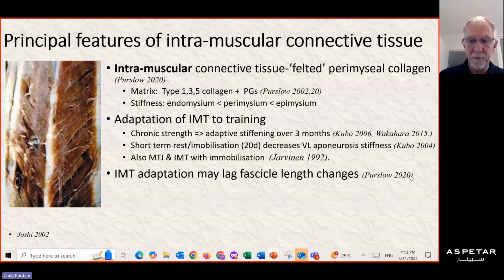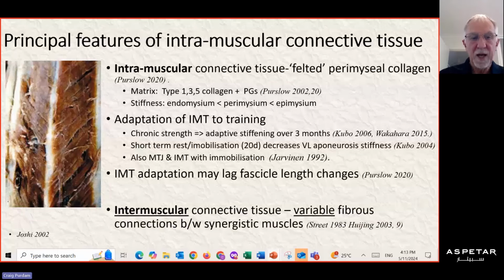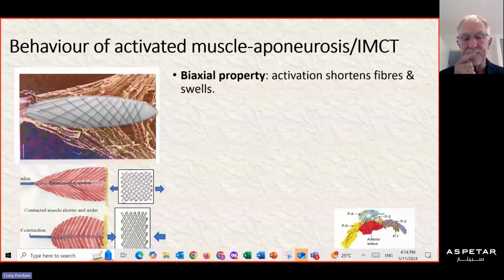This was described by Purslow, who spent his life studying these aponeurotic structures. We also need to be aware, I won't talk any more of this, of the intermuscular connective tissue between synergists, which are able to distribute some of the stress or tension from one muscle across to the next, but we won't cover that today.